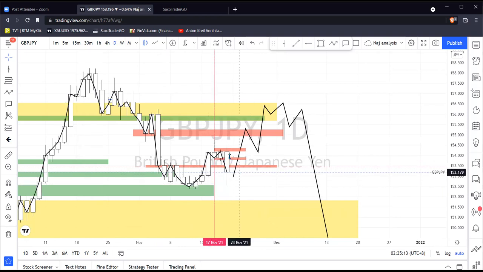So corrective must meet the impulsive wave, right? Okay. So right now in this structure on daily time frame, price can go up only, daily structure, yes, because on weekly there's support more below. Yeah, that's right. Okay, thanks.